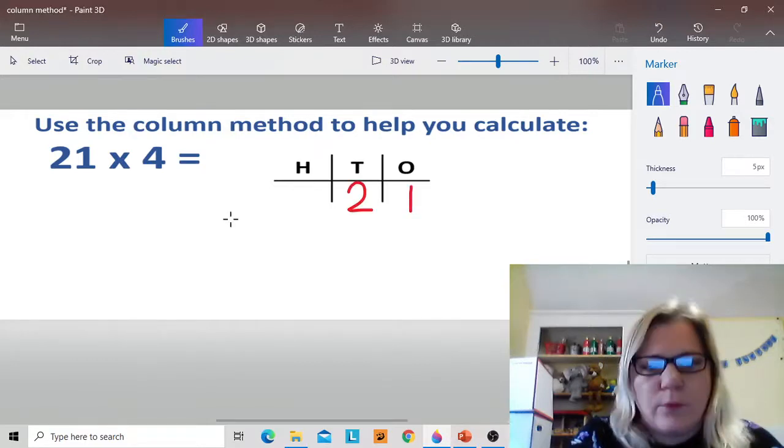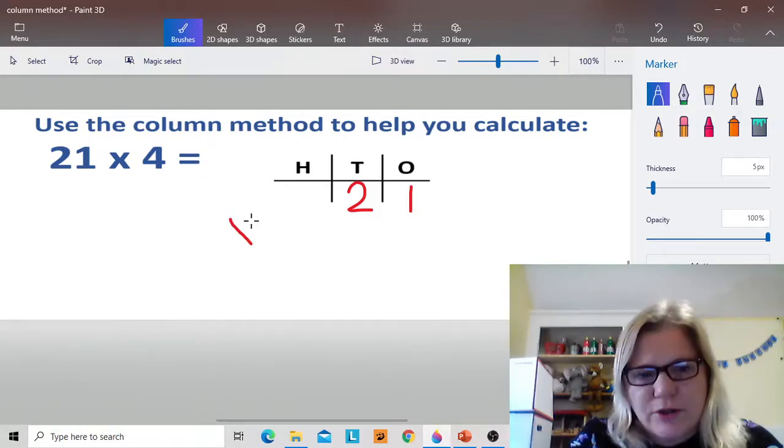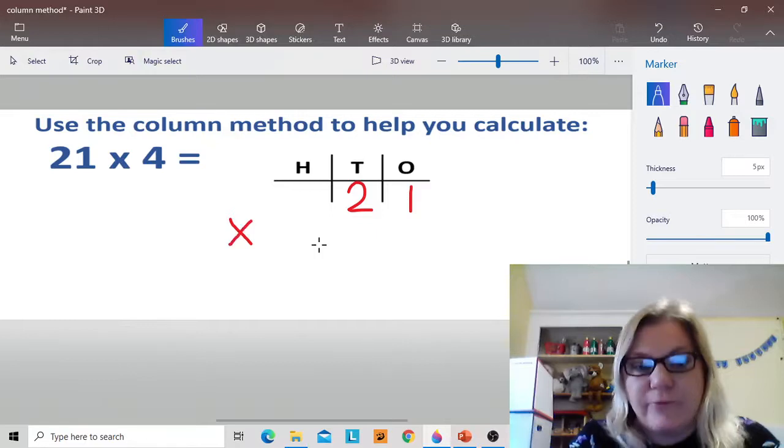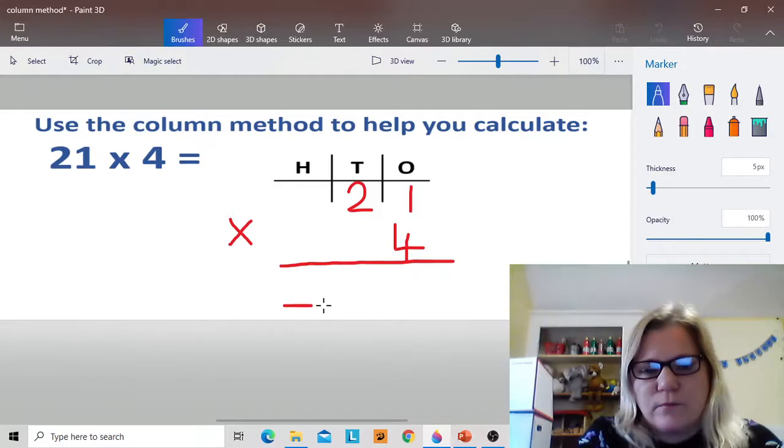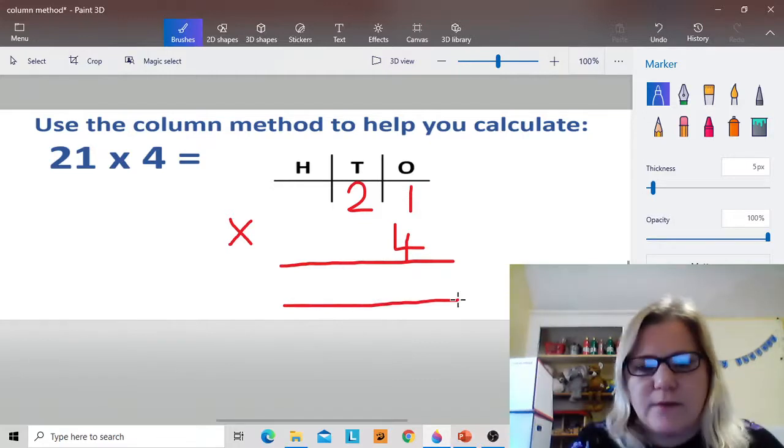We always do the operation, in this case it's a multiplication, isn't it, at the side. And then the number that we are multiplying by, the 4, must go in the ones column. And then we would use a ruler to draw an answer box. Okay, so there's your first lot of rules.